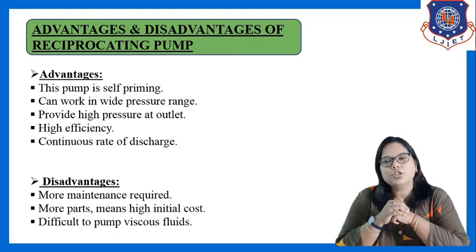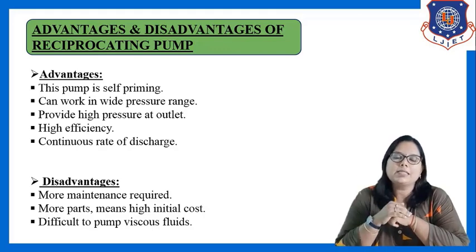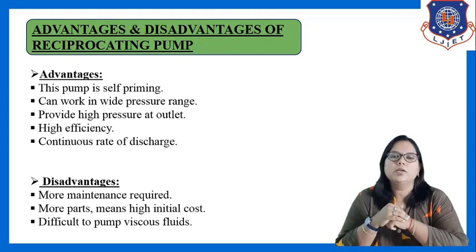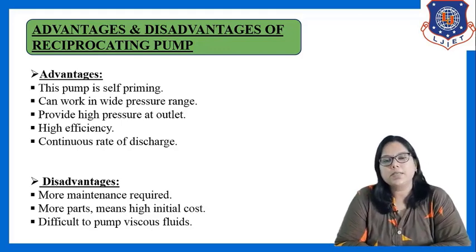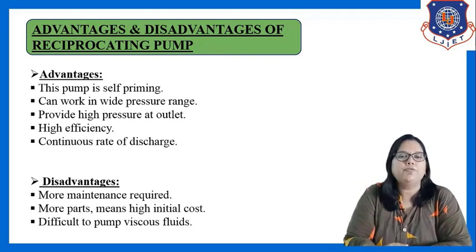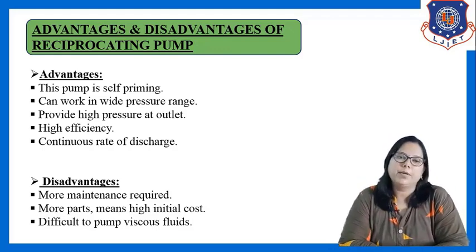High initial cost of reciprocating pump is the disadvantage. And the last disadvantage is it is difficult to pump viscous liquid. When we have to deal with viscous liquid, it is difficult with a reciprocating pump. So this is the first type of positive displacement pump.